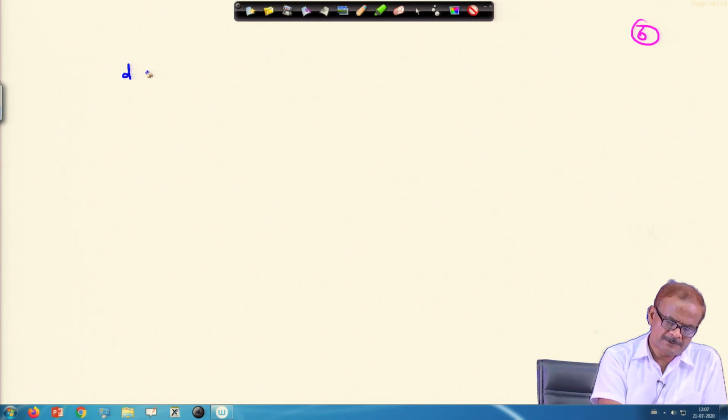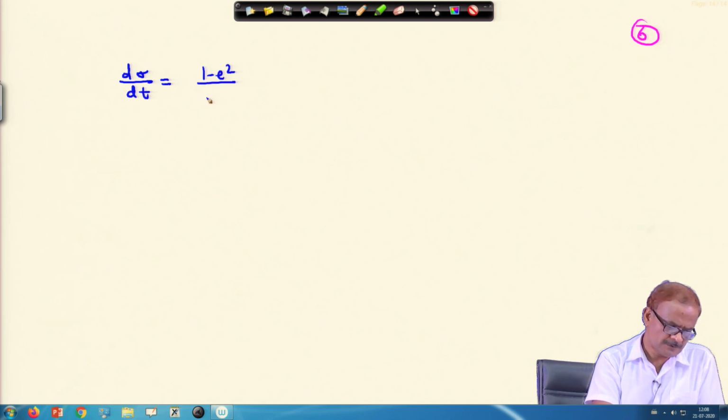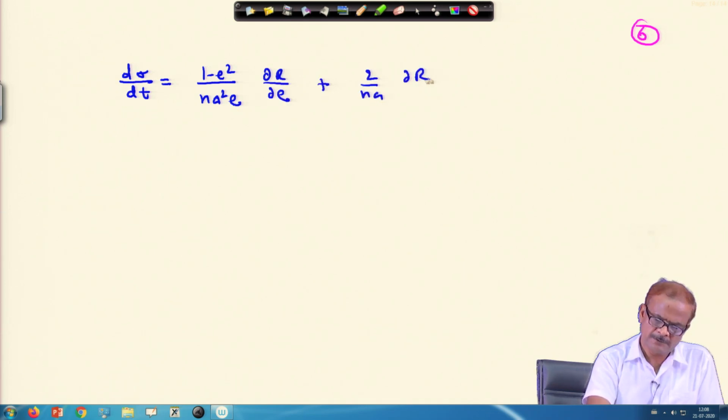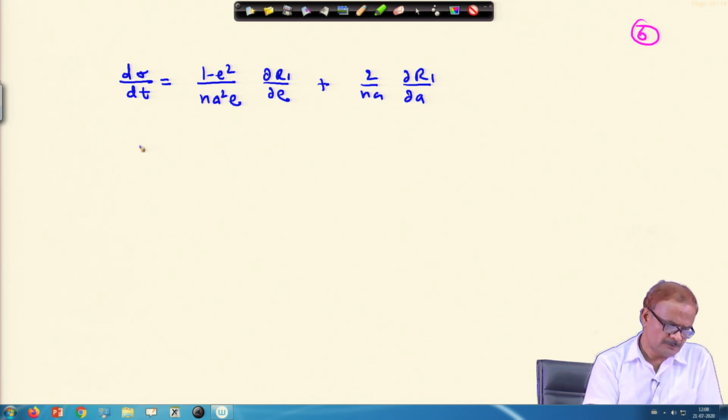Similarly, the perturbation in the sigma we can work out: the square root of 1 minus e squared over n a squared e, times ∂R/∂e, plus 2 over n a, times ∂R/∂a. So, this is a Lagrange planetary equation and we replace R by R1 and look back into the equation.